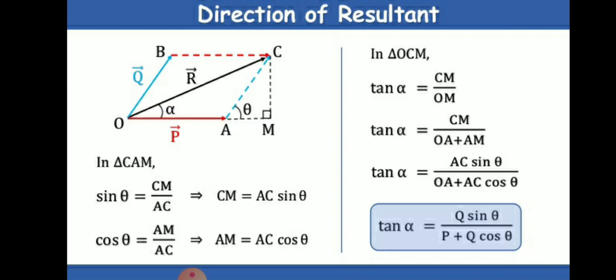Now OA is vector P and AC is vector Q, that is a length. So tan alpha is equal to Q sin theta divided by P plus Q cos theta. This is the direction of the resultant of two vectors.